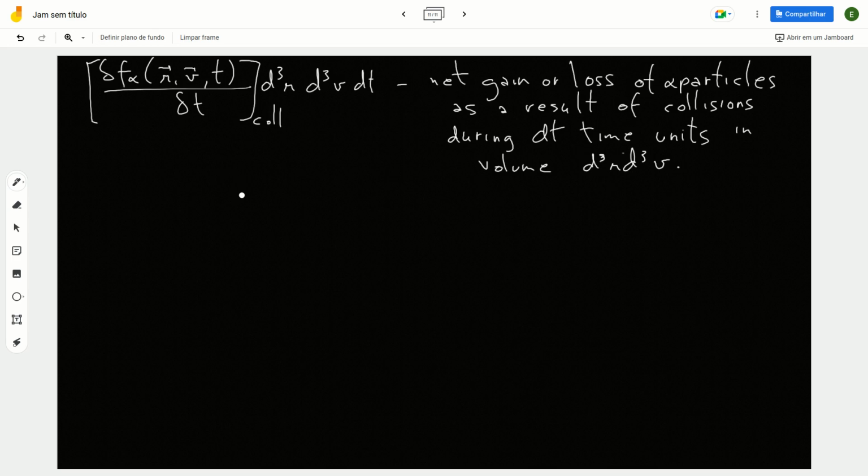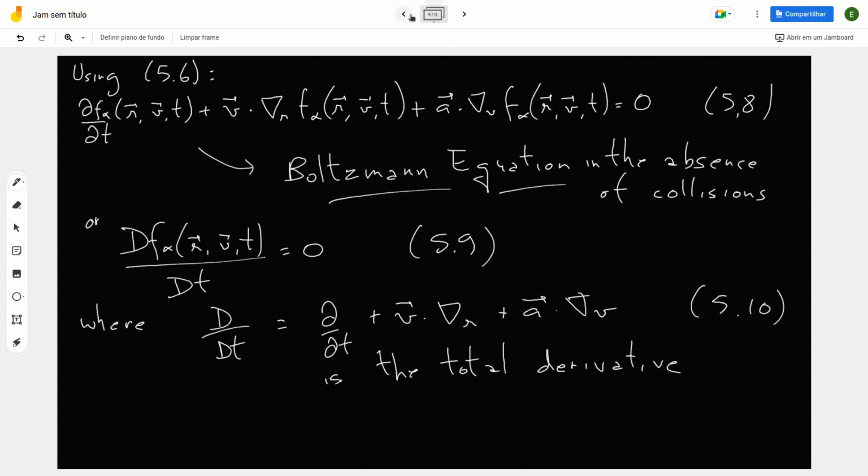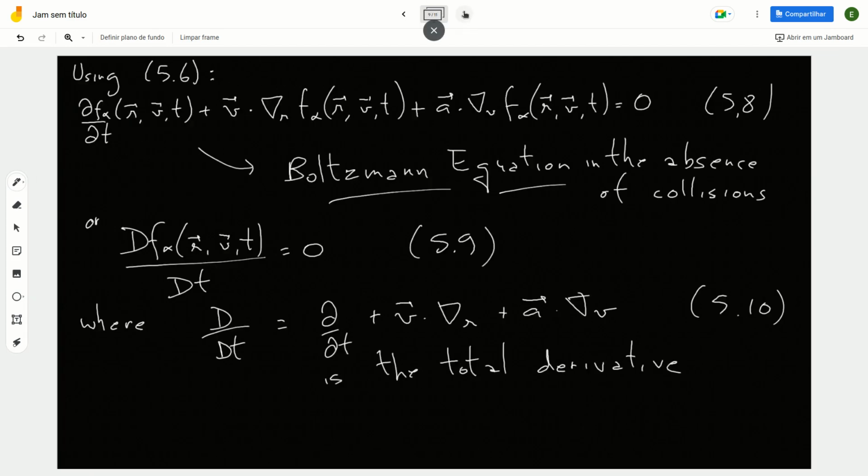Okay, then if you use delta f over delta t in equation 5.6, where is equation 5.6? 5.6 is this. So instead of 0 here, we'll now have this collisional term. So the difference between the distributions is the collisional term.